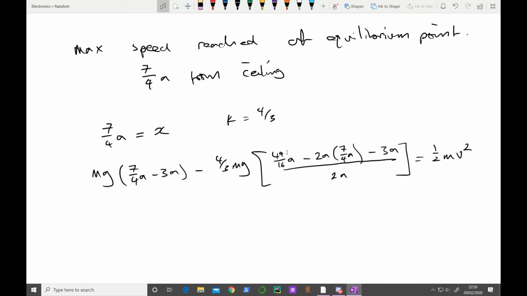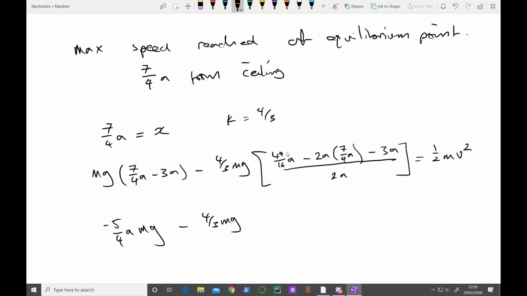So 7 over 4 minus 3 gives me minus 5 over 4. So minus 5 over 4 a mg. Take away 4/3 mg.